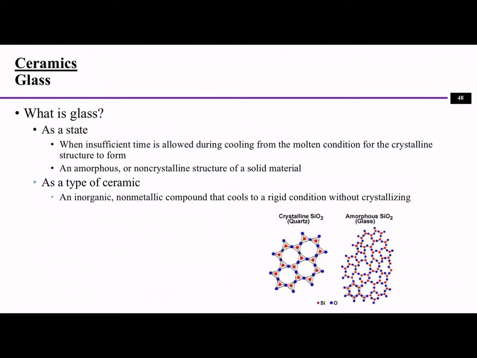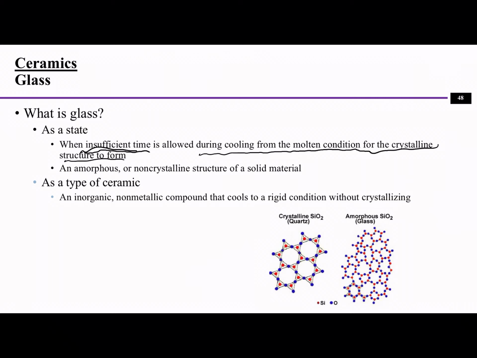Next, glass. When we're talking about glass, actually there are two different concepts. One is glass as a physical state, right? Physical state. When insufficient time is allowed during cooling from a molten condition for a crystalline structure to form, if you quickly cool the molten material, it will form an amorphous structure.